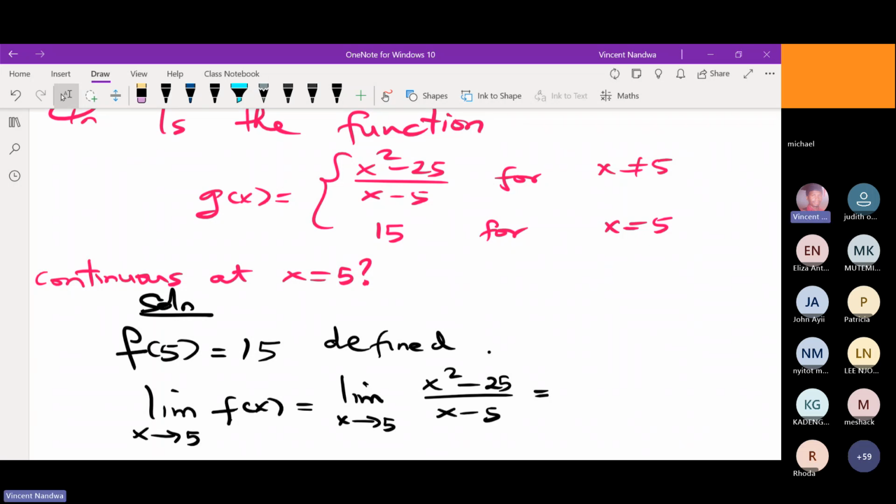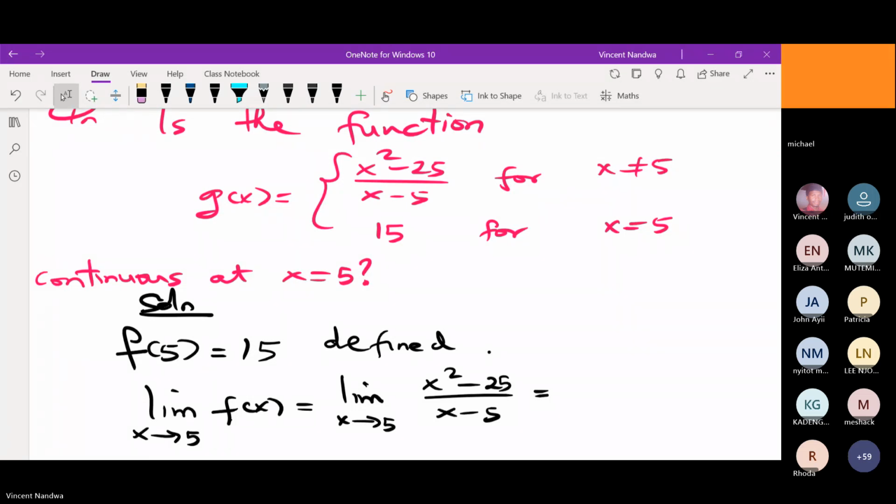So can you compute the value of that limit?